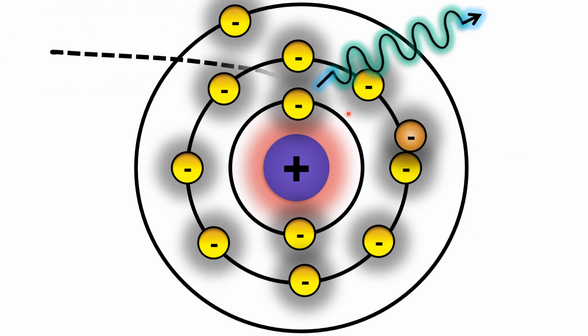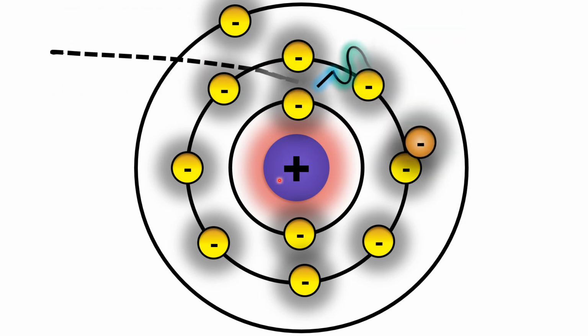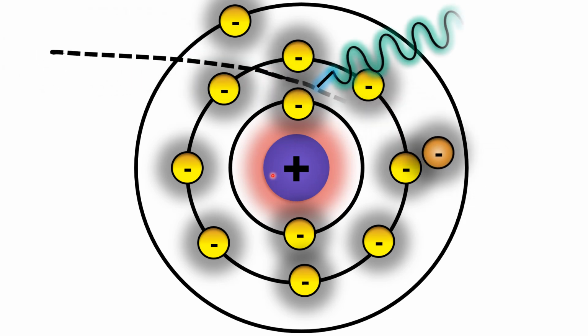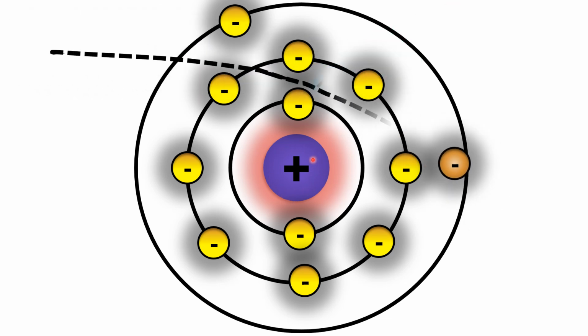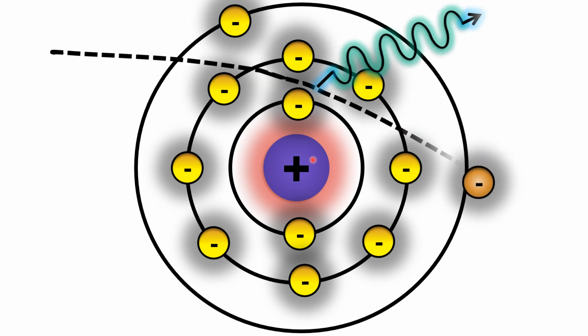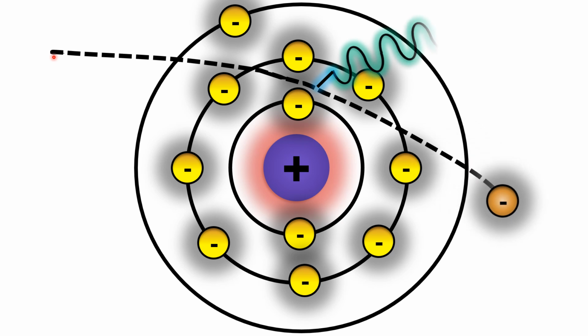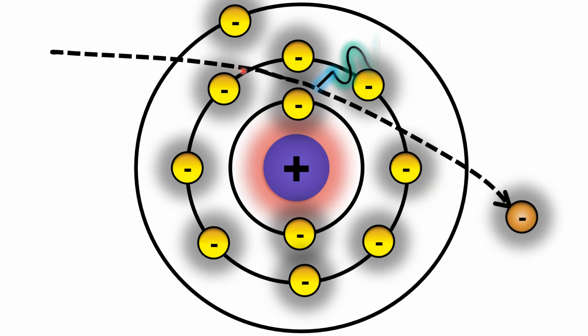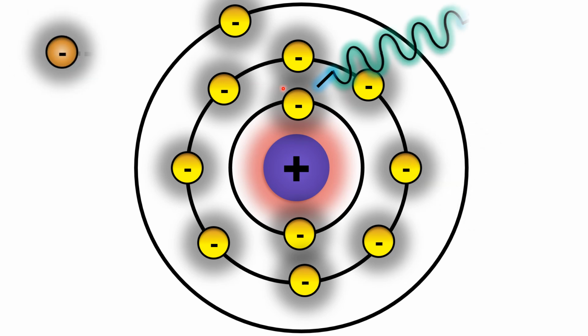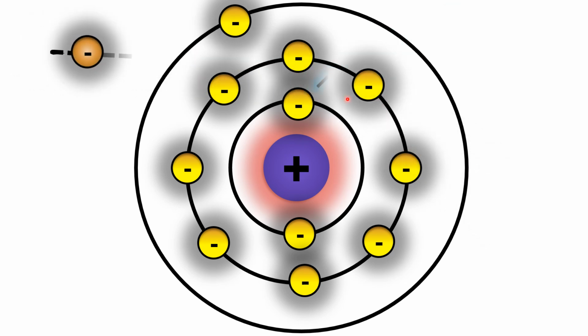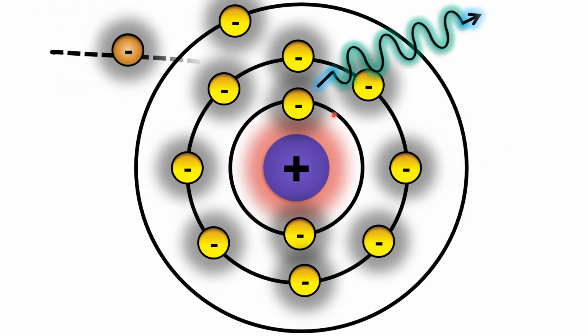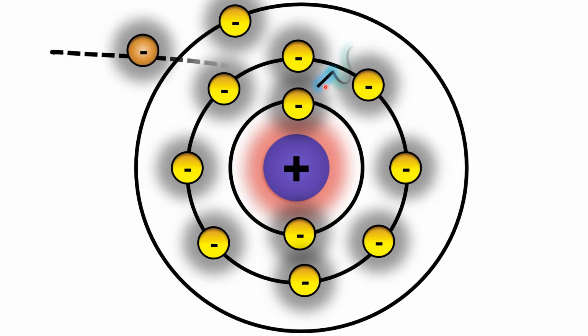Please note that the nucleus has positively charged particles, so the nucleus produces electric field lines, and similarly the electrons moving near the nucleus also have electric field lines.